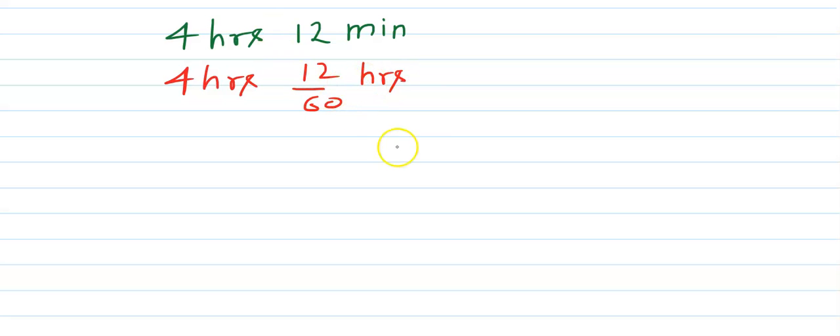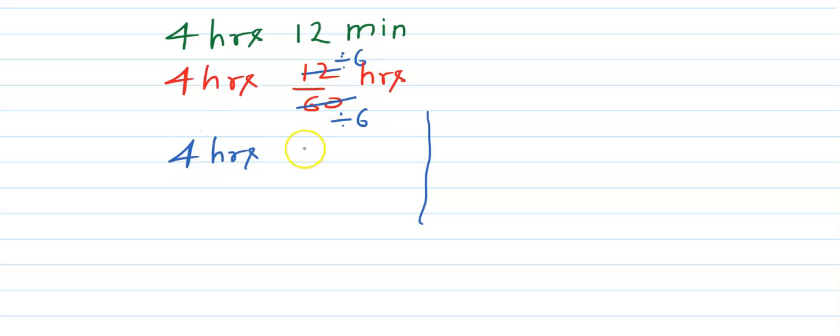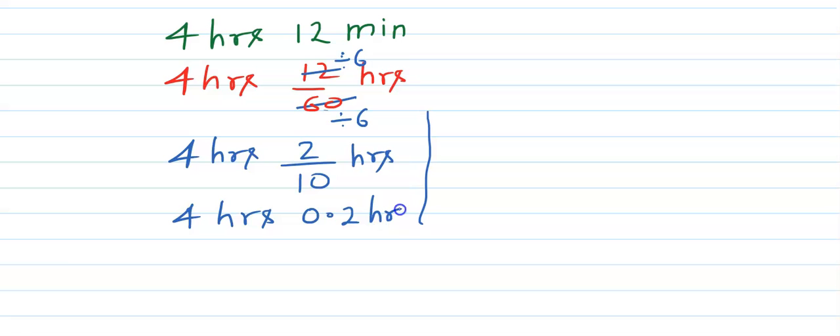Then I have told you, you can make it 10. If you divide 60 by 6, it will be 10. Then for balancing, you need to divide the top also by 6. So you got 4 hours, and 12 divided by 6 is 2, and 60 divided by 6 is 10. 2 over 10 hours means 0.2 hours.